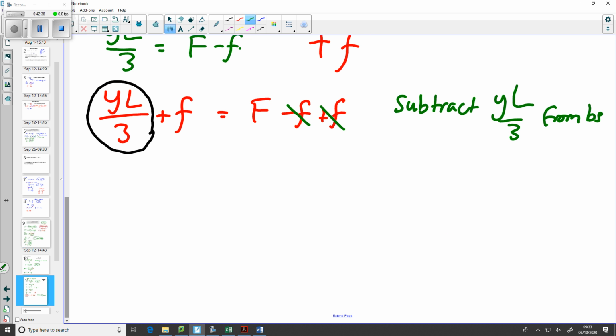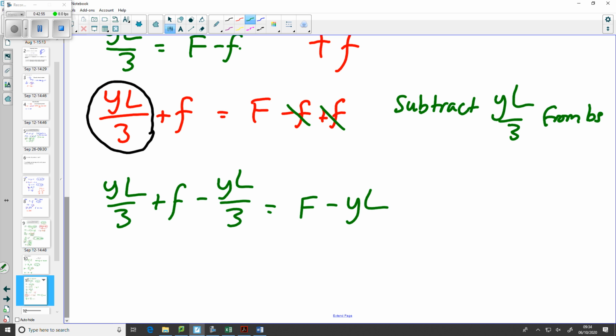So we end up with, I'll write it out in full, YL over 3 plus F minus YL over 3 is equal to F minus YL over 3. And that cancels. Do you see that?